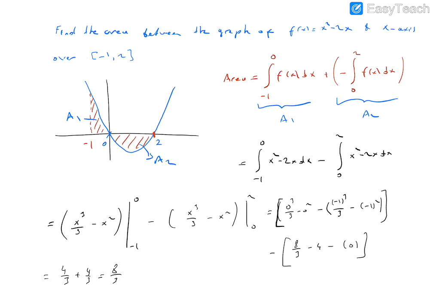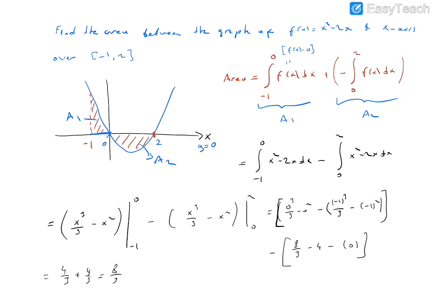I would like to explain why we write the minus here. This is the x-axis, which is the y equals 0 line. In the first area, f of x is bigger than y equals 0, so hiddenly we write f of x minus 0.